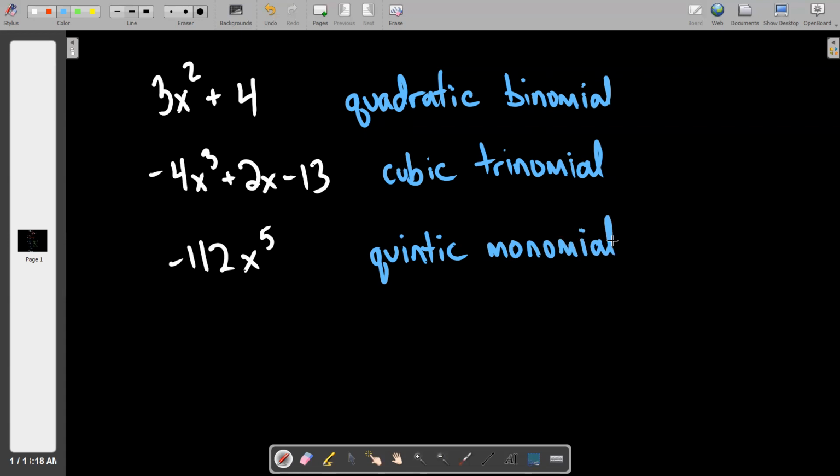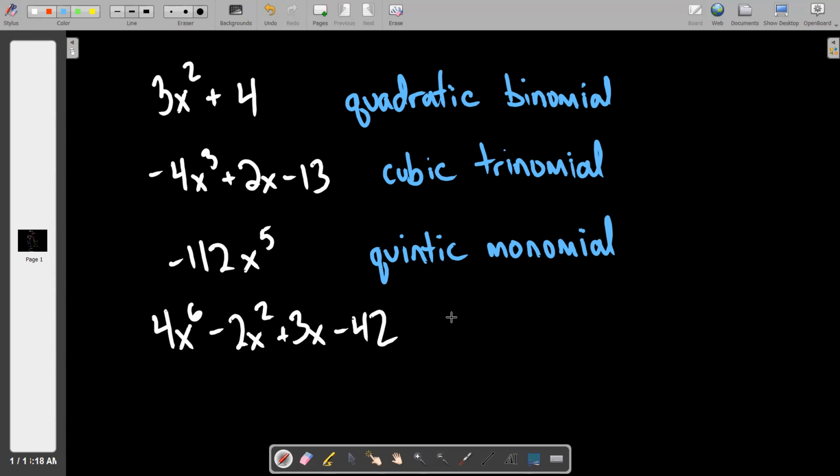You guys have any questions? Again, once we leave the realm that is in your notes, so once you go past 5th degree or once you go past 3 terms, let me give you an example of how unexciting it can be. So like if you had 4x to the 6 minus 2x squared plus 3x minus 42, there's just no, I mean, there are names. I shouldn't say there are no, we just don't use them.